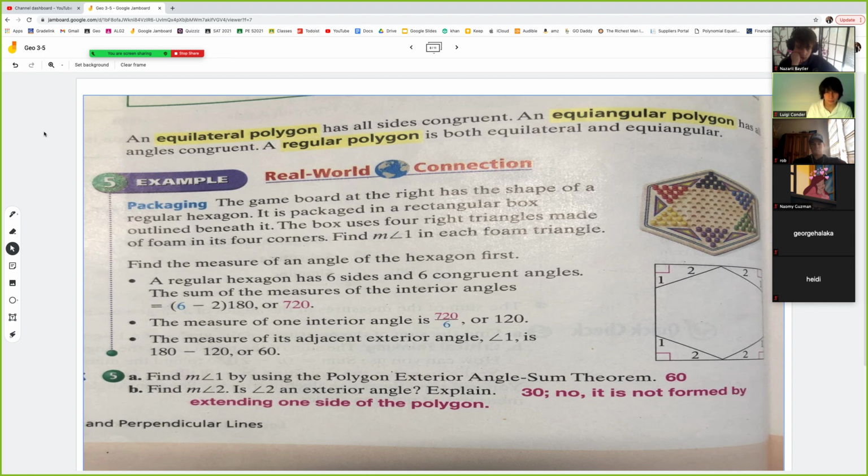Again, it is very important to understand these terms that you see at the top of your picture. You have equilateral polygon, meaning the same length sides. An equiangular polygon, meaning the same angle for each one. And then you have a regular polygon.